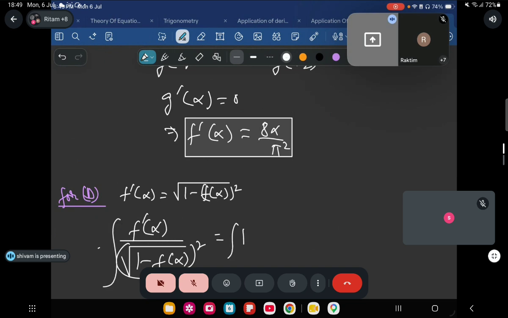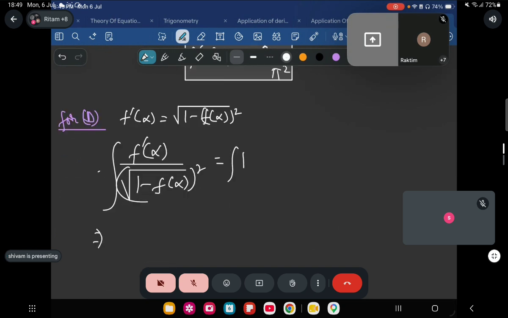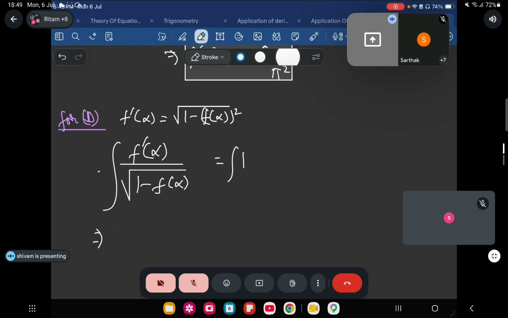On integrating, what do we get? Tell me. The left hand side, when you integrate, Sarthak, what do we get? Tell me, Sarthak. So that is whole square. No, not whole square, my mistake. Square is only over f of alpha.